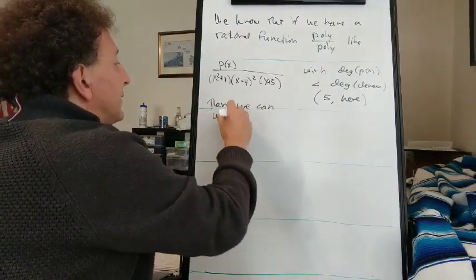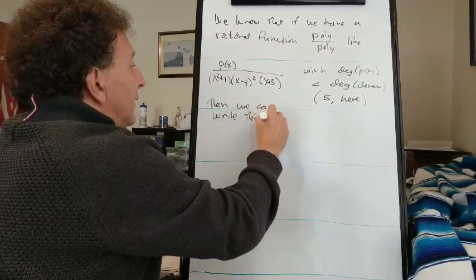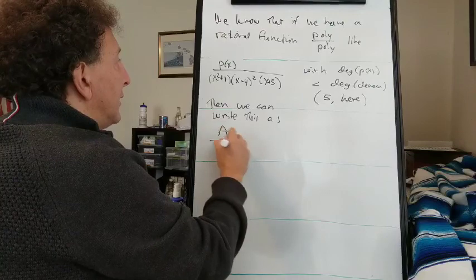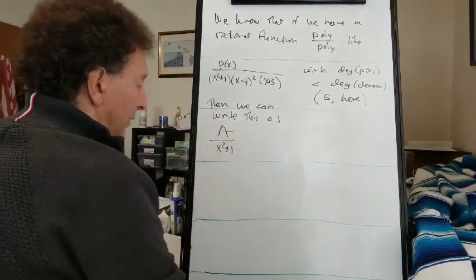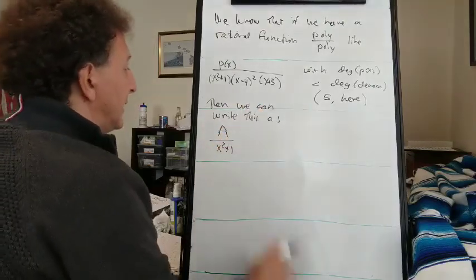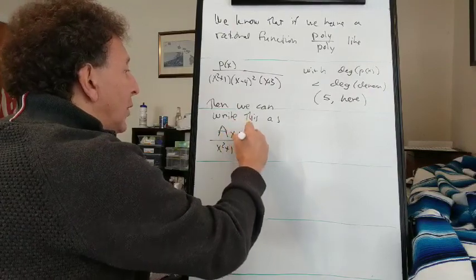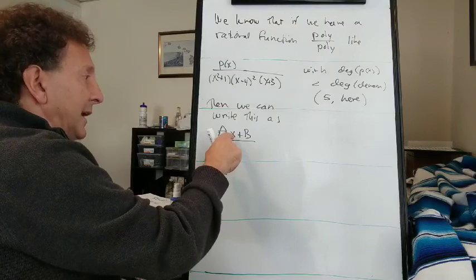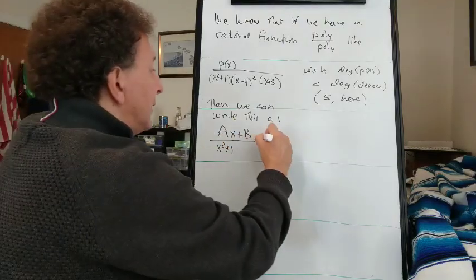Then we can write this as ax plus b over x squared plus 1, because this is irreducible of degree 2. So we need an x term and a constant term.